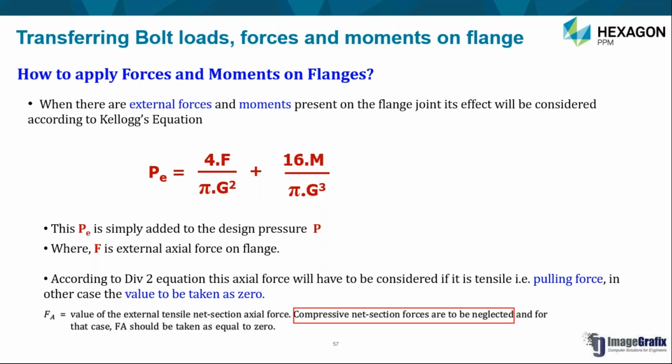So compressive net section forces are to be neglected for that case, and hence Fa should be taken as equal to 0. If it is compressive, meaning it is in the downward direction, you don't have to consider it. So this completes the flange design.